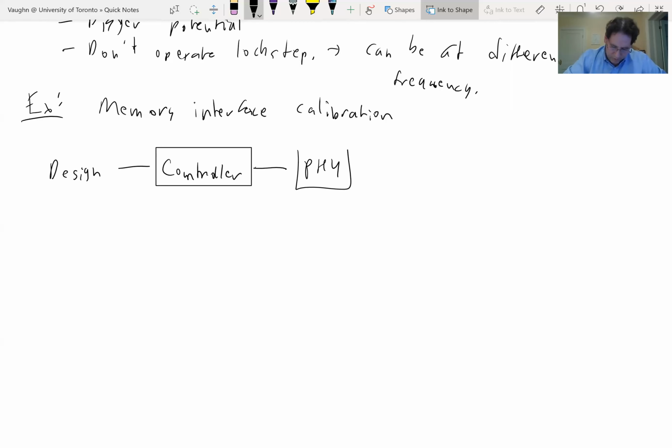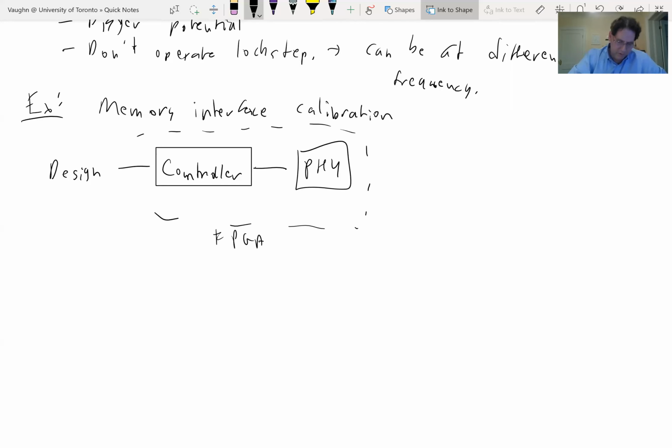The controller talks to the PHY, or the physical access layer, and that's the one that deals with all the complicated timing, particularly the timing and the lowest level interface details. Okay, so these two layers would be on the FPGA.